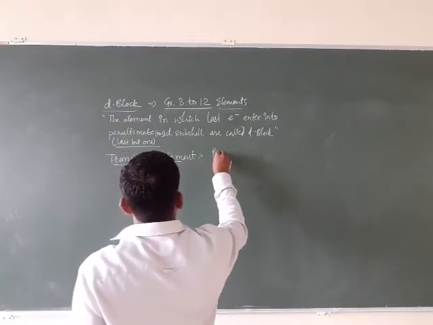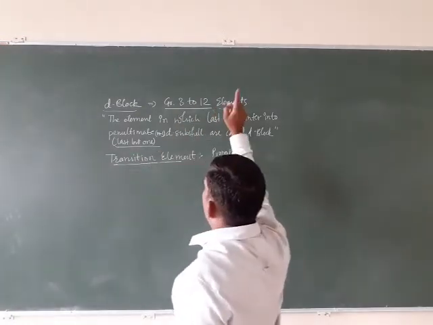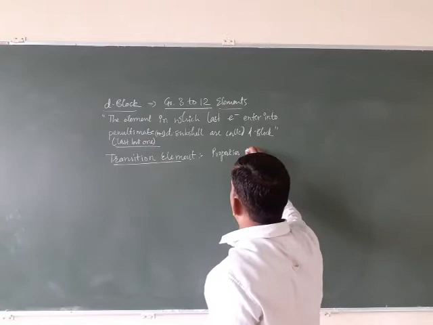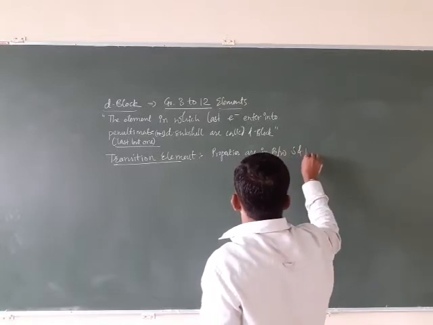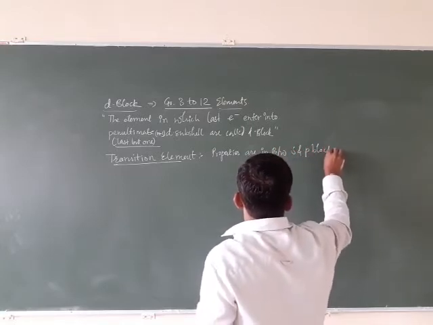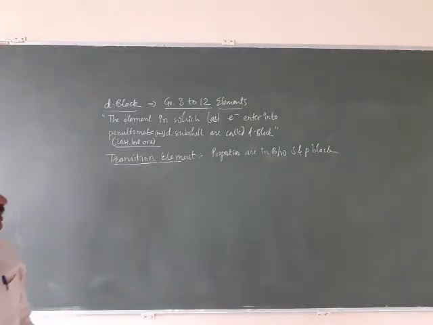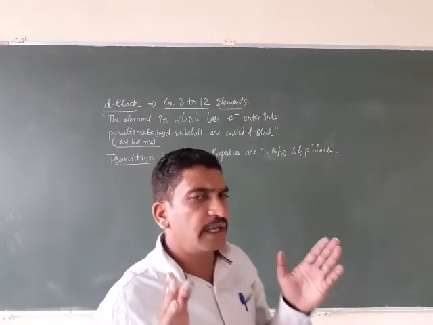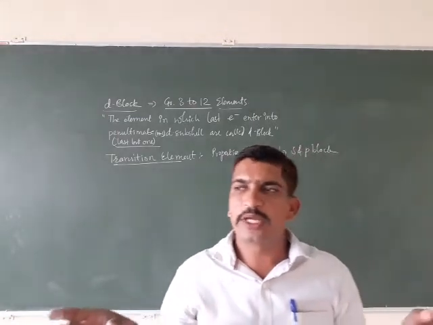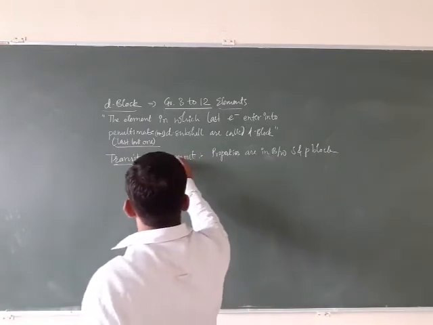Why are they called transition metals? Because the properties of these elements from group 3 to 12 are in between s and p block. Whatever properties the s block and p block are showing, the properties of this d block are intermediate between these two extreme right and left blocks.